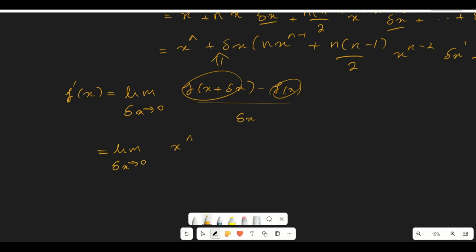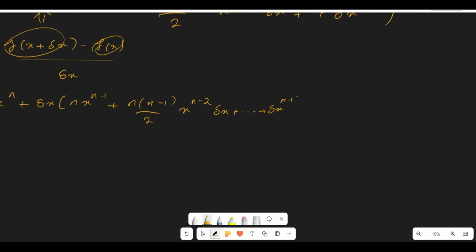We will substitute this in this formula: x power n plus n x power n minus 1 delta x plus n into n minus 1 by 2 x power n minus 2 delta x squared, all the way up to delta x power n.